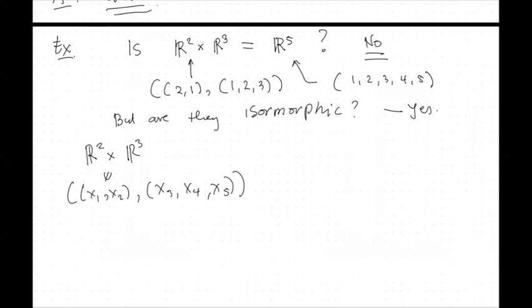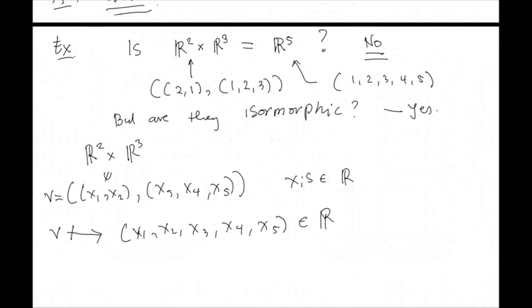Of course, our x's here are in R. We can map this vector v into (x1, x2, x3, x4, x5), an element of R5.